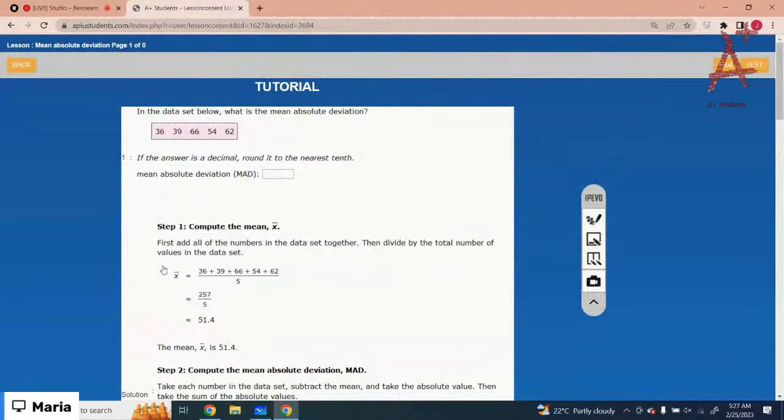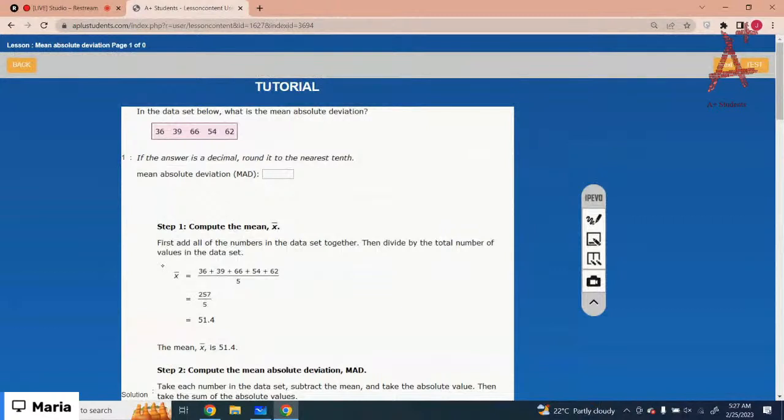Okay, the first one is: in the data set below, what is the mean absolute deviation? You are given a data set, and you have to calculate the mean absolute deviation. First of all, we have to calculate the mean. Got it?